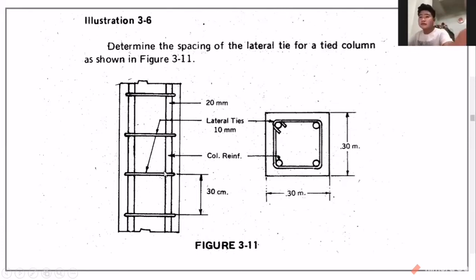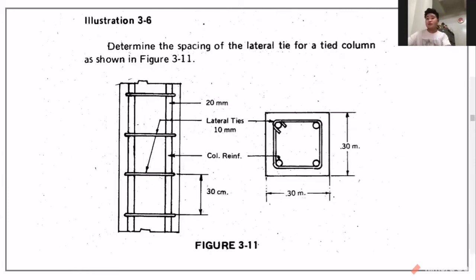So this is our lateral ties with 10 millimeter. And then this is our column reinforcement. This is the dimension of our column, which is 30 centimeter by 30 centimeter.